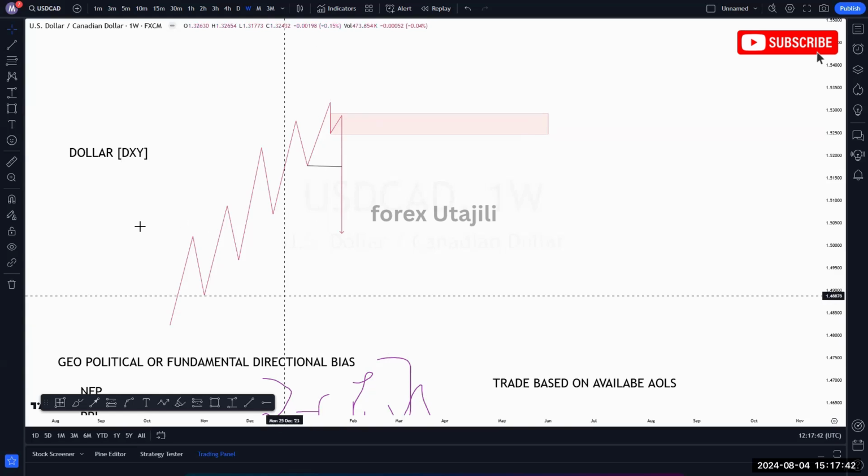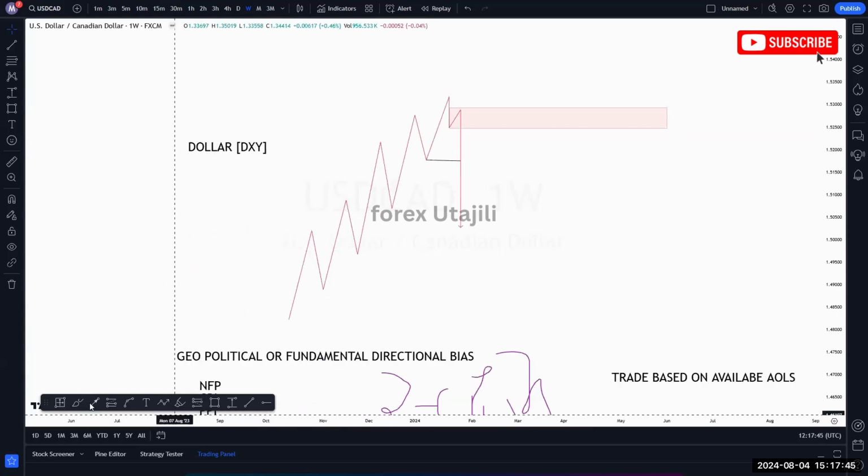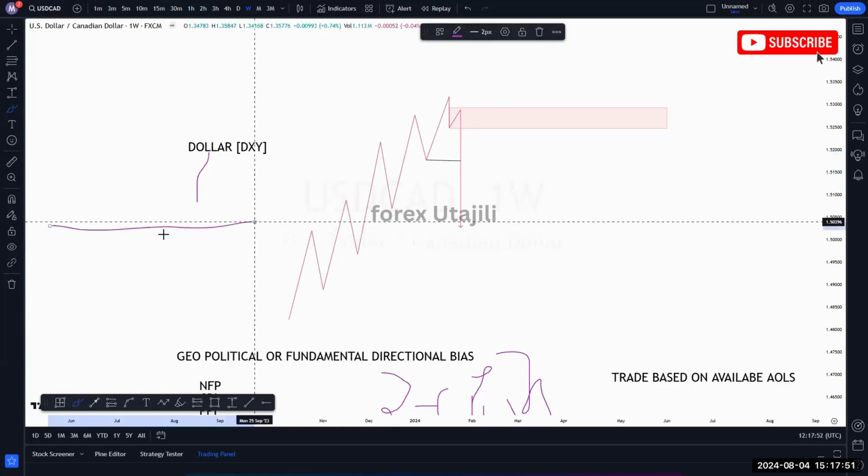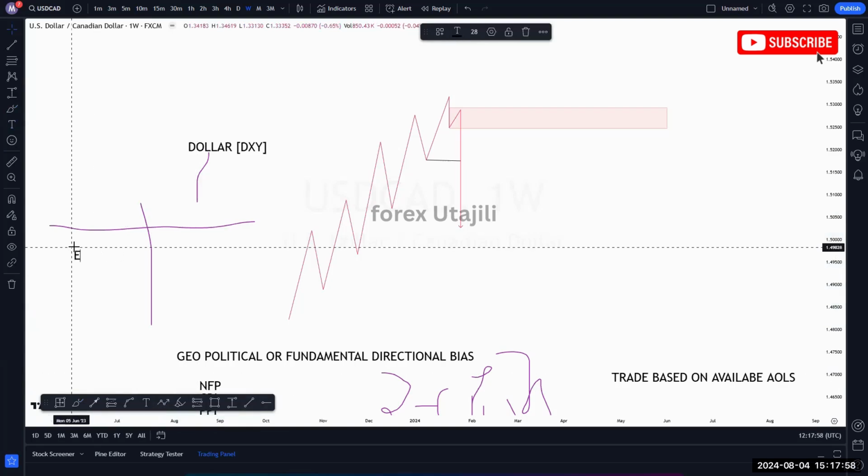We know the dollar or the DXY moves all the dollar-based pairs.